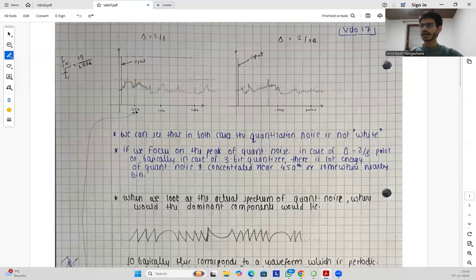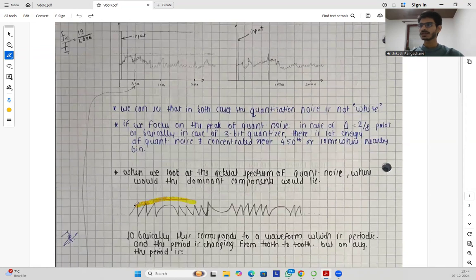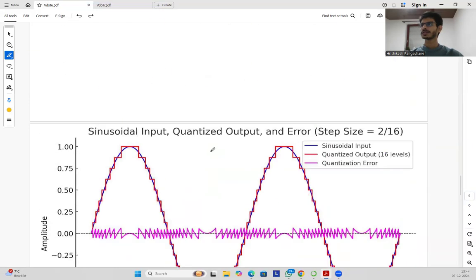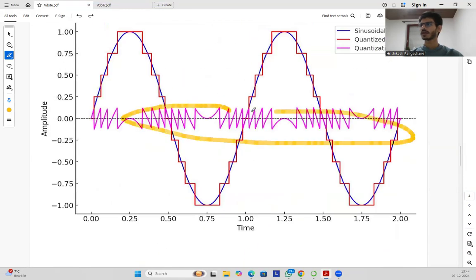When we look at the actual spectrum of the quantization noise, the question is where the dominant components would lie. The components of noise lie throughout the record length, but we are interested in where the dominant components would lie. So if we see the spectrum of our noise, which we saw in the previous video as well, this is the spectrum of our noise.